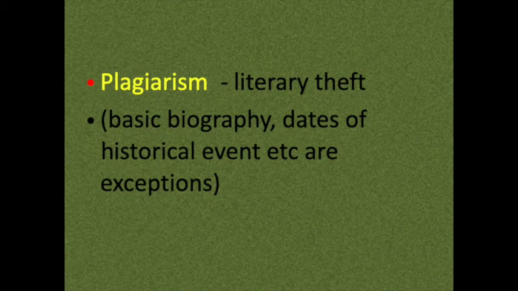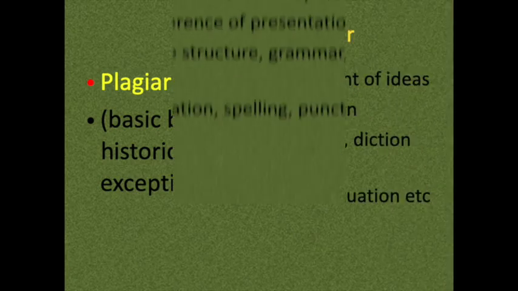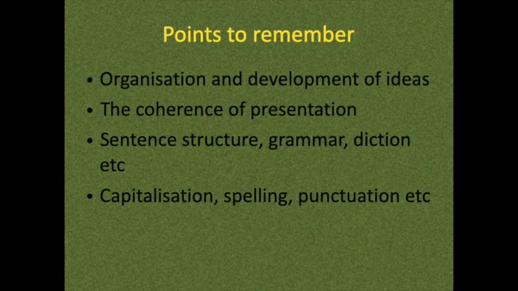This is a serious crime in the case of research, namely plagiarism, literary theft, stealing others' ideas without acknowledging. In the case of plagiarism, there are exceptions like basic biography, dates of historical event, etc. There are some points to be remembered in the case of research being a work of scholarship.